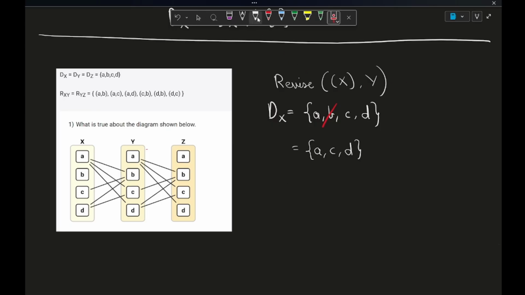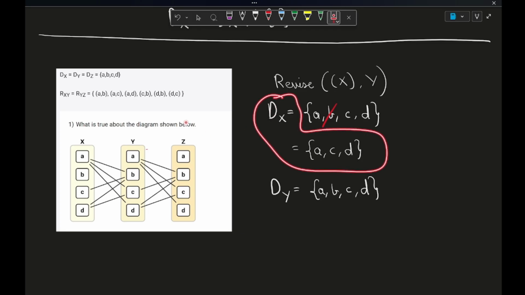So now let's do that for Y. So we have to call revise Y on the incoming edges. So now we again just revise. We have already revised X, right?